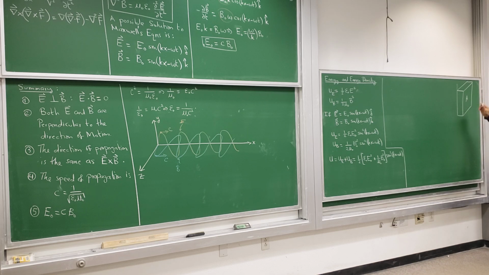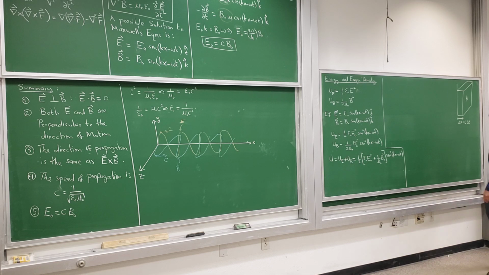And I wait for a time delta t. So the width of the box is delta x. And delta x, how fast is the wave traveling? Speed of light, c. So if I wait a time delta t, it will travel speed times time, and that will be my delta x, right?